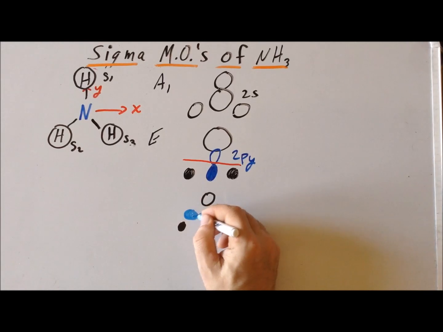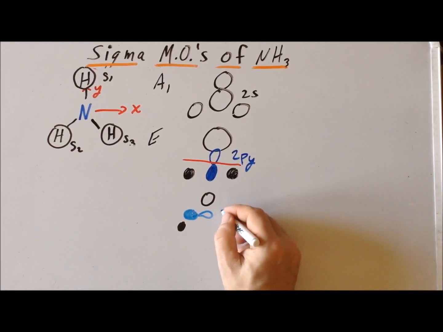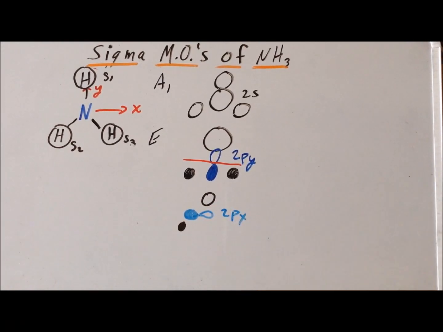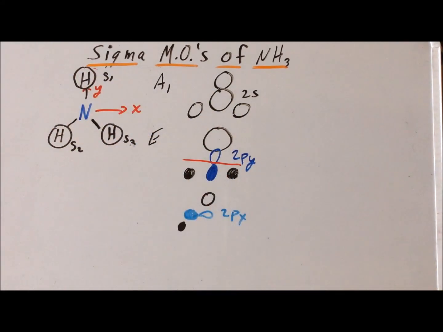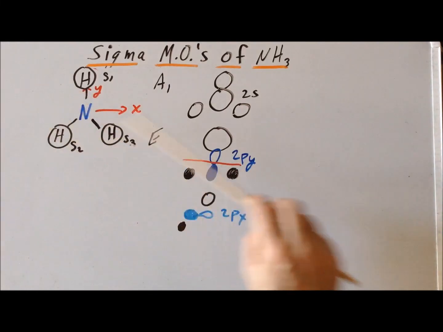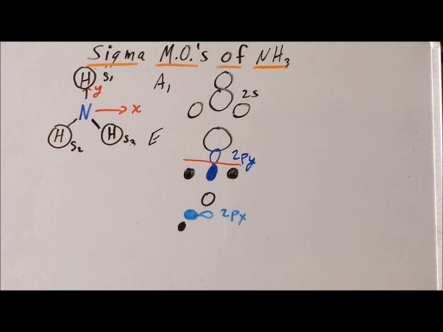So this particular orbital we have here is 2px for the other member of E. The last atomic orbital that we have on nitrogen doesn't have proper symmetry to combine with any of the group orbitals. So that is going to be the 2pz orbital, and that is going to be the orbital that has the lone pair, that is a lone pair for ammonia.